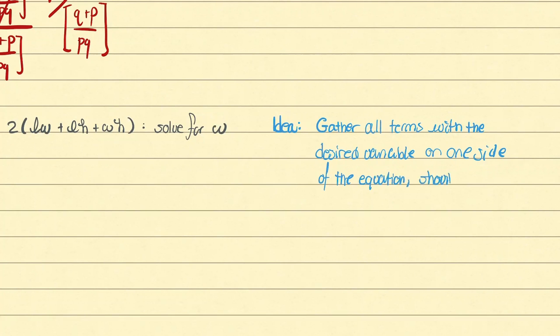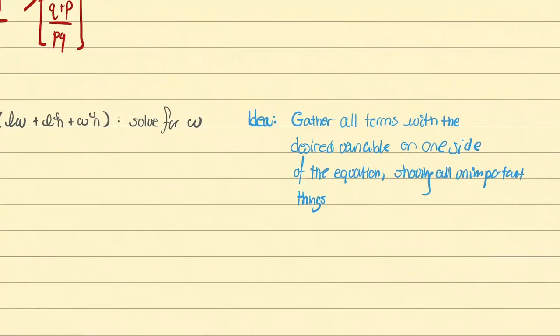Shoving all unimportant things, and I'll say things because maybe those things are numbers or other variables, but they're not the ones that we want. So shoving all unimportant things to the other side.